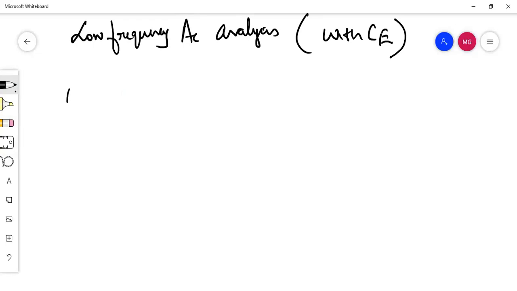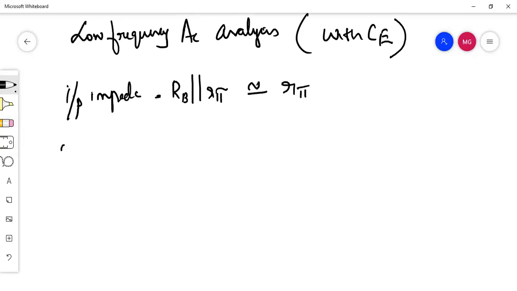We reduced first the input impedance, that is RB parallel R pi, which we can write as almost equal to R pi. Output impedance, that is RC.